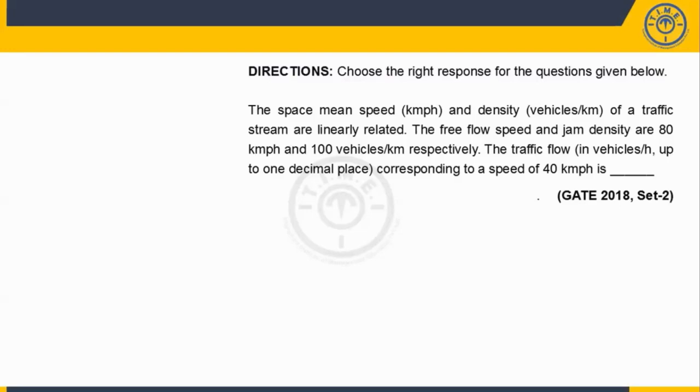Okay, what is given? Jam density and space mean speed, density are linearly related. So when we take space mean speed and density, both are linearly related.